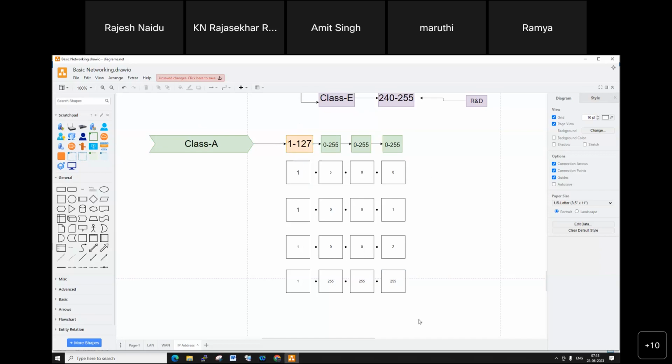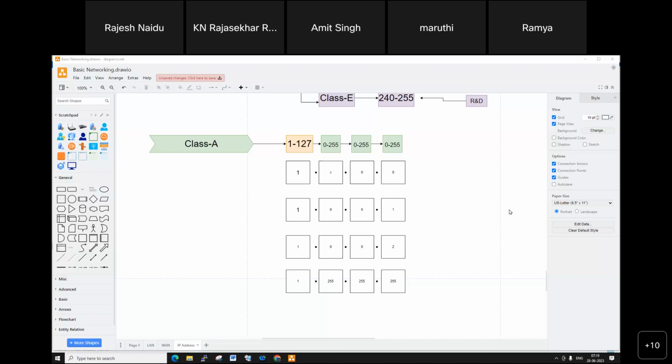The system will be associated, maximum 127. I'm just confused about this. The network means a maximum of 127 systems we can associate with class A, correct? Because you are saying network, that's why I'm confused.